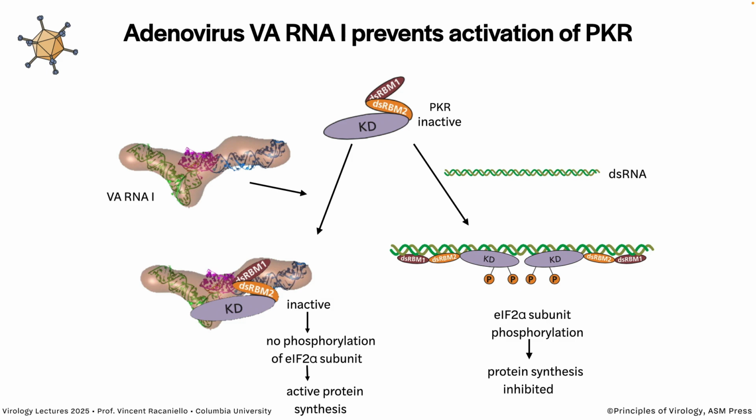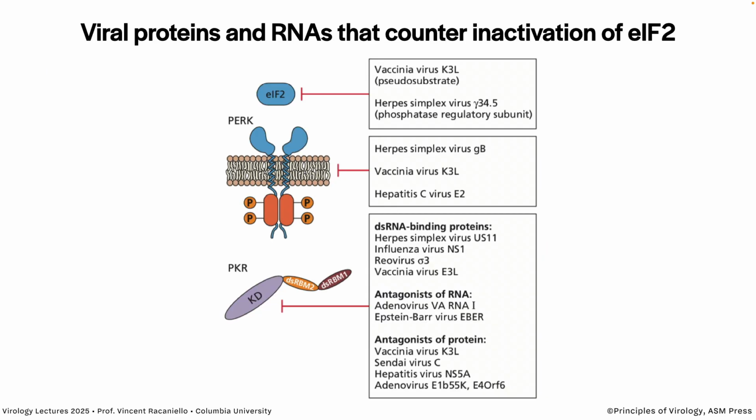It prevents its activation. So here are some proteins of other viruses that counter the inactivation of EIF2 by PKR. The one I've just told you, adenovirus VA1, is an antagonist of RNA. It binds the PKR, so it basically only binds one, prevents phosphorylation.